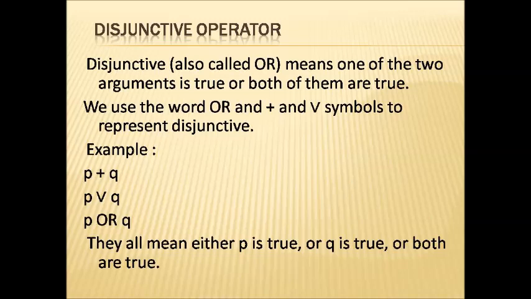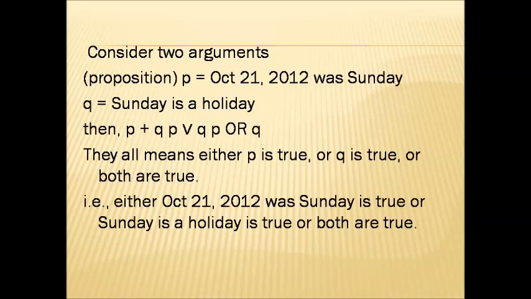We use the word or, the plus symbol or the V symbol to represent disjunctive. Examples: P plus Q, P V Q and P or Q. These all represent the disjunctive operator, where P and Q are simple propositions. Here we can see two arguments or two propositions.